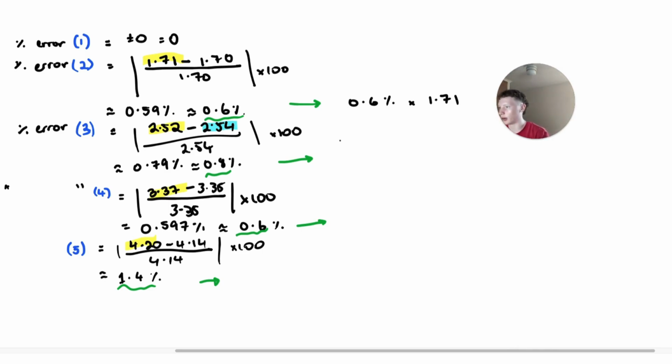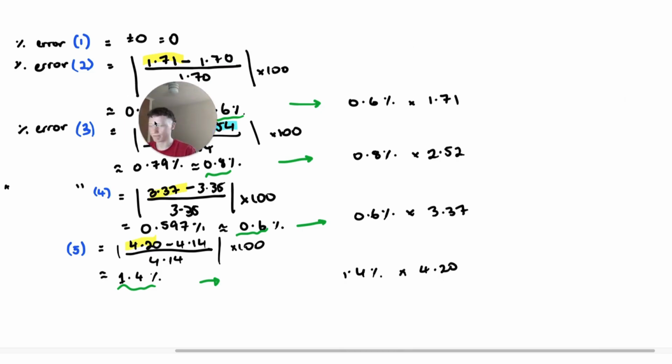Similarly here, we're going to go 0.8% times 2.25. Here it's 0.6% times 3.37. And finally, 1.4% times 4.20. So I'll just do that in my calculator now. And then, yeah, we'll have our final answer.